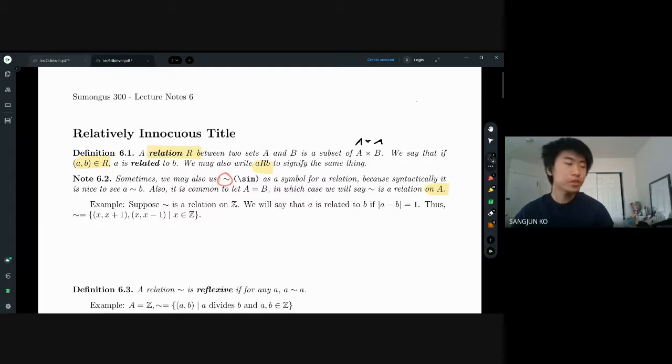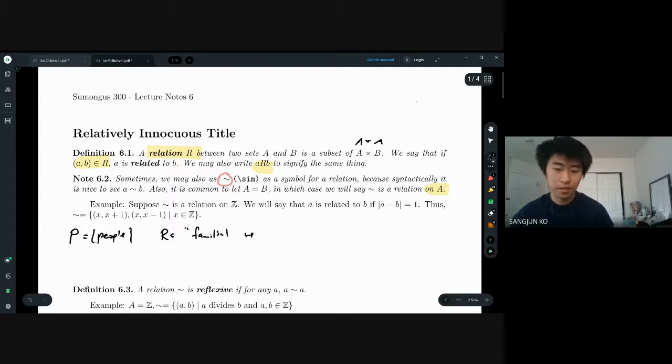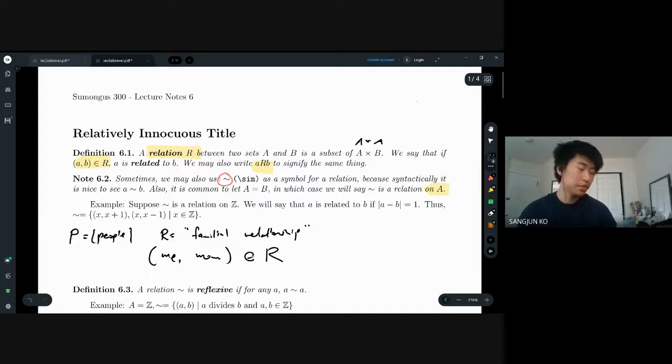Okay, and if we continue that familial relation analogy from before, you might say, if P is the set of people, and R is the familial relationship, then you might say that me and my mom is in R, right? Something like this.